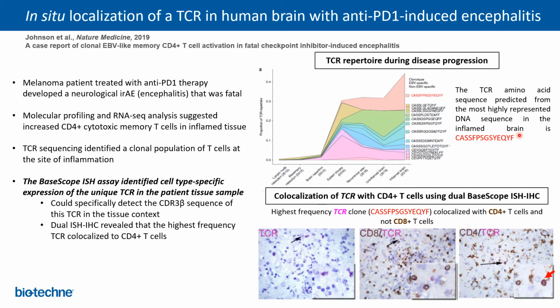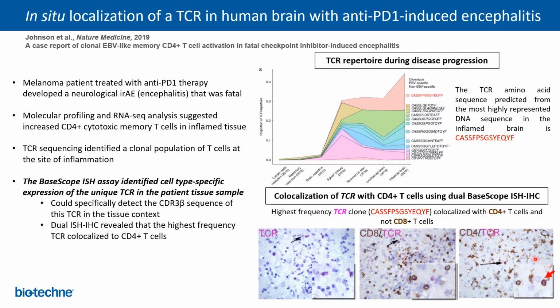For that reason, they performed TCR sequencing and identified the sequence in the brain encephalitis tissue. By using the BaseScope assay, they were able to design specific probes against this sequence and co-localize those T cell receptors in this encephalitis tissue.